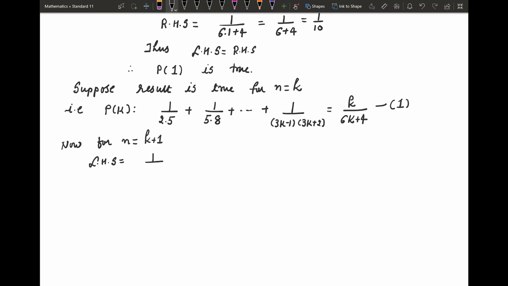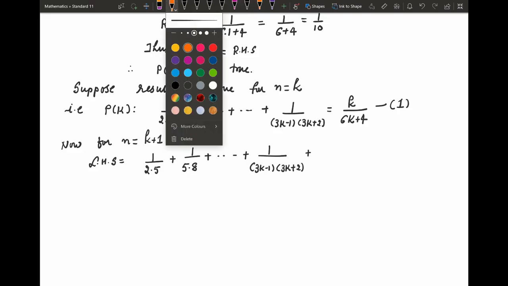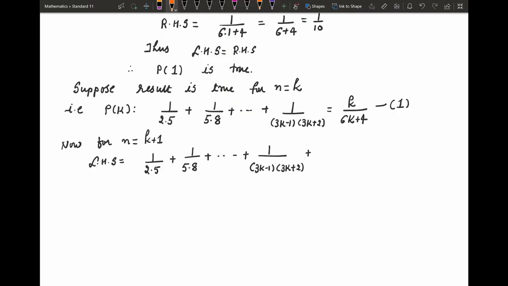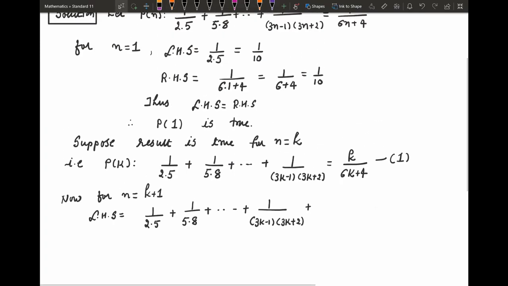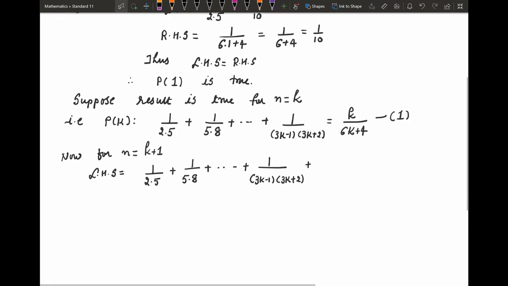So 1 upon 2 into 5, 1 upon 5 into 8, and so on up to now kth term 3k minus 1, 3k plus 2, and now in general term you replace n by k plus 1. So you will get your k plus 1th term.